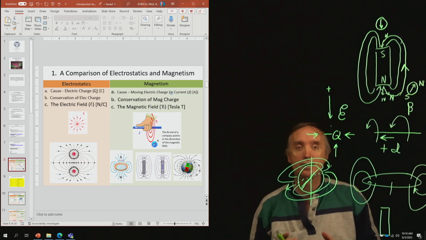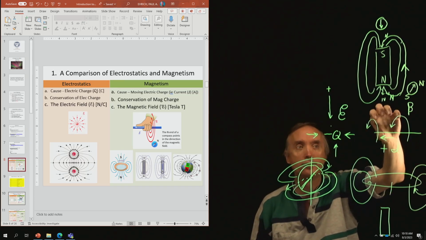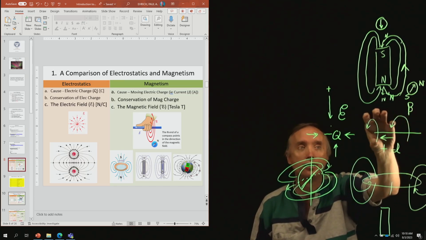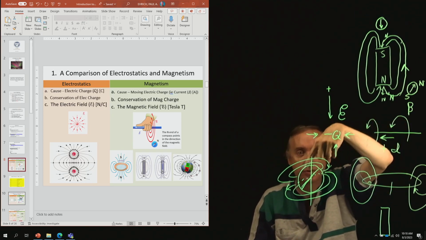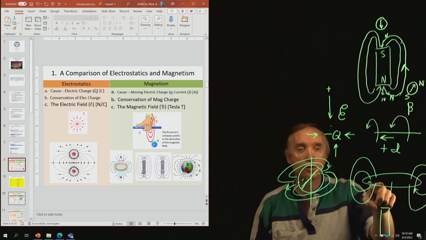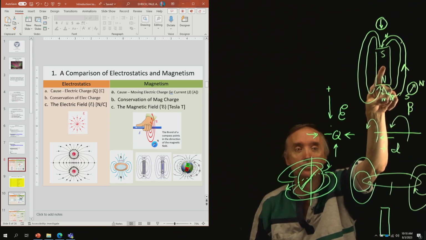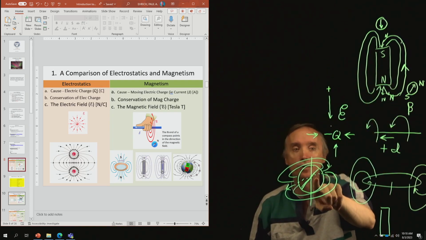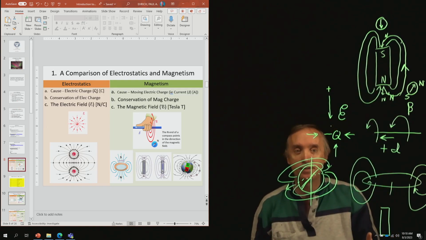So notice that we started off with a line of current-carrying wire, and we ended up by taking that and bending it into a circle with 3 different pictures. We have the current-carrying loop, we have the magnet, and then we have the Earth. And all 3 of these have the identical magnetic field.